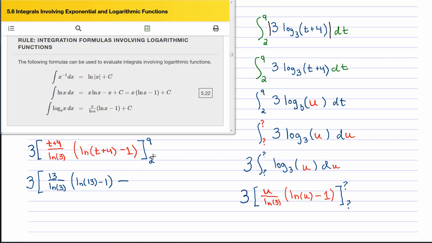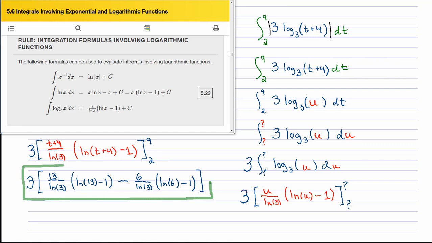And then now I'm going to subtract what I get when I put in 2. So when I put 2 in for t, I get 6 over the natural log of 3 times the quantity natural log of 6 minus 1. And that is it. I mean, it's not the prettiest answer in the world, but that is 100% correct.